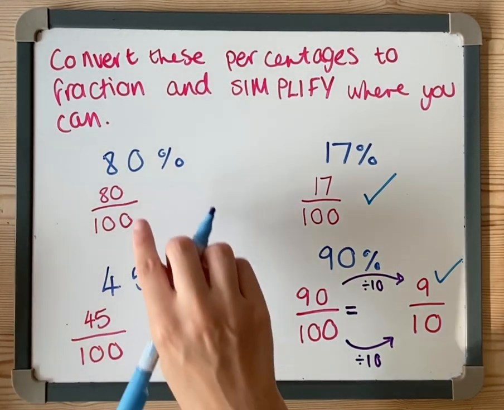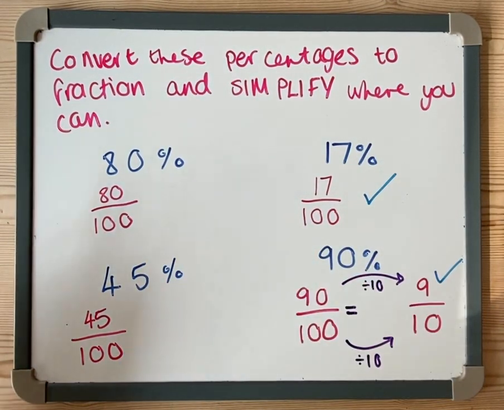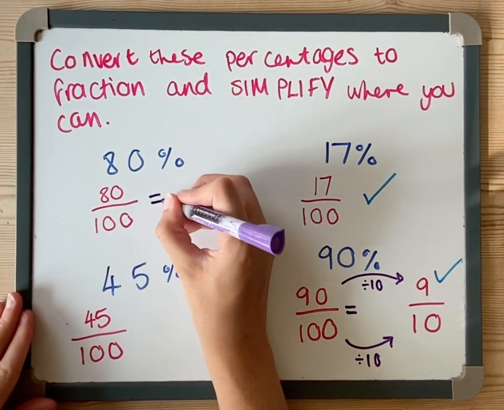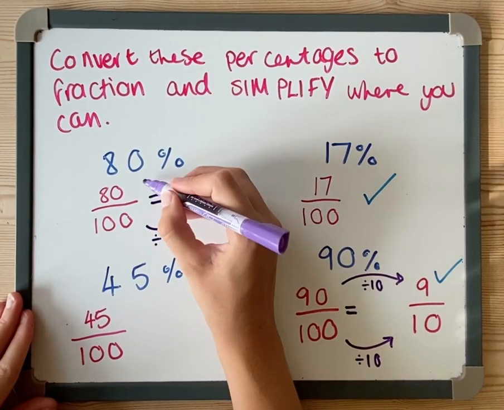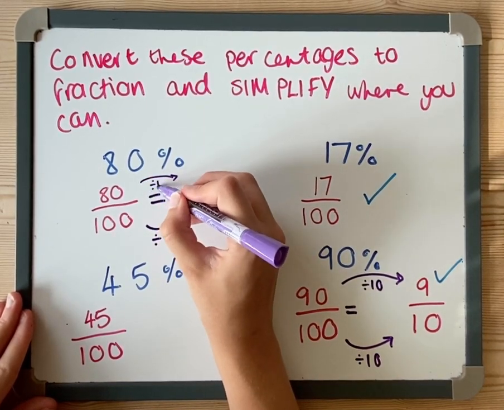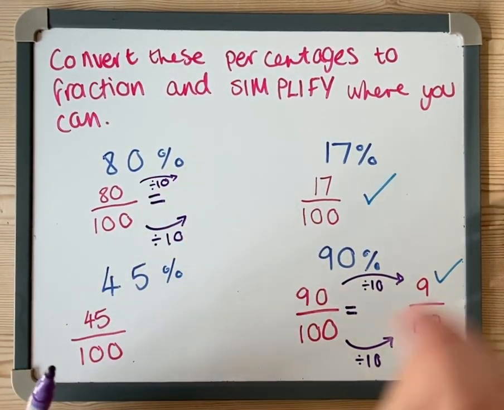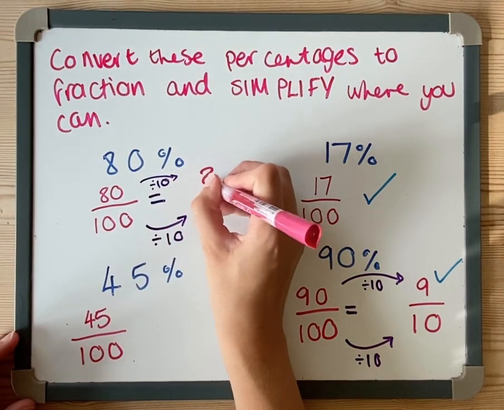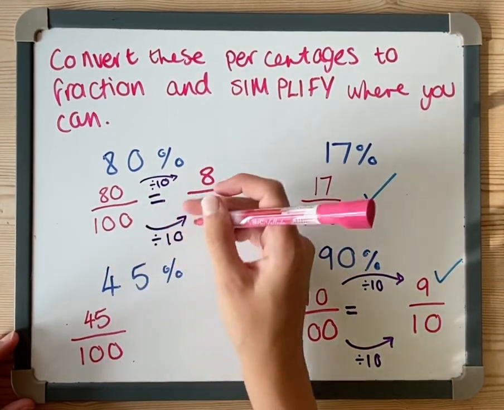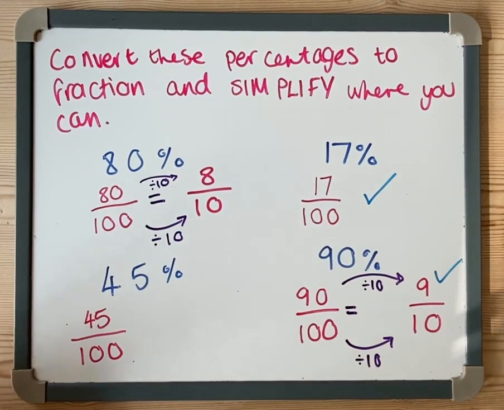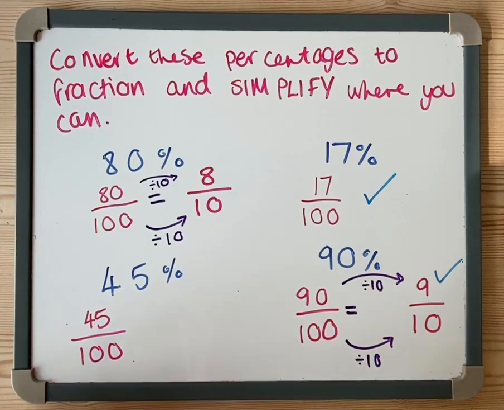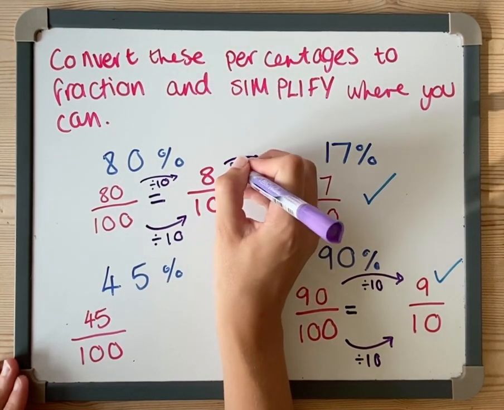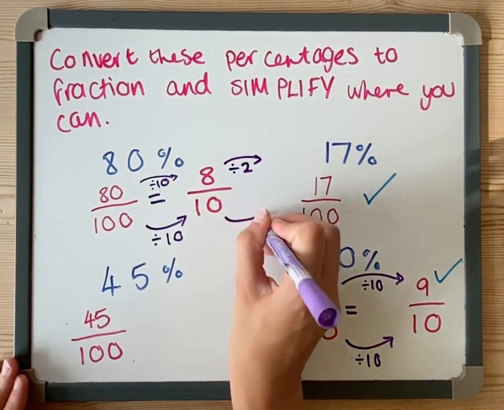Okay, my next one, I'm going to do this one up here, and we've got a very similar story. I can divide both of these by 10. So 80 divided by 10 is 8, and 100 divided by 10 is 10. I think I might be able to go further with that. Can I divide 8 and 10 by anything? If you said 2, you would be right. They are both in the 2 times table.